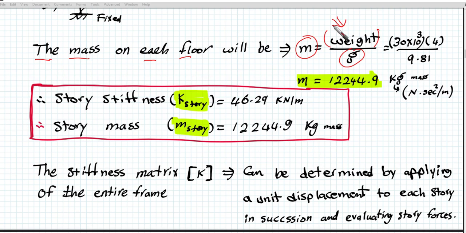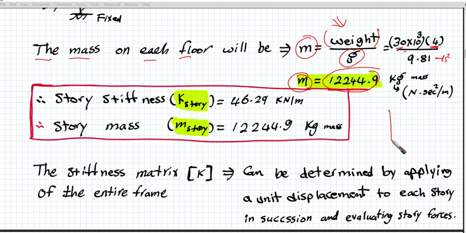The weight is already given for us because we have 30 kilonewton per meter times 4, which is the span of the floor, over 9.81, which is the gravitational acceleration, meter per second square. If you substitute here, you are going to find that our mass is this value, 1224.9.